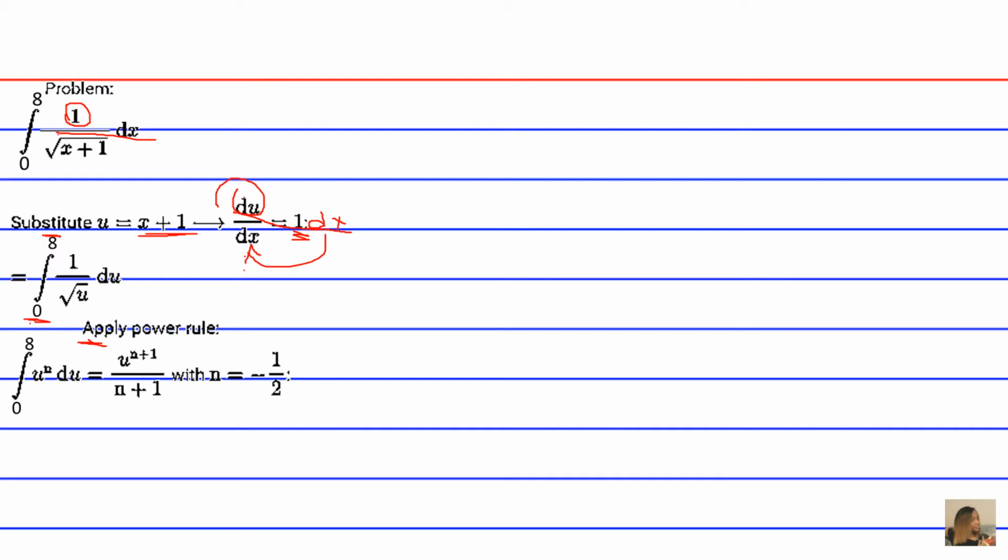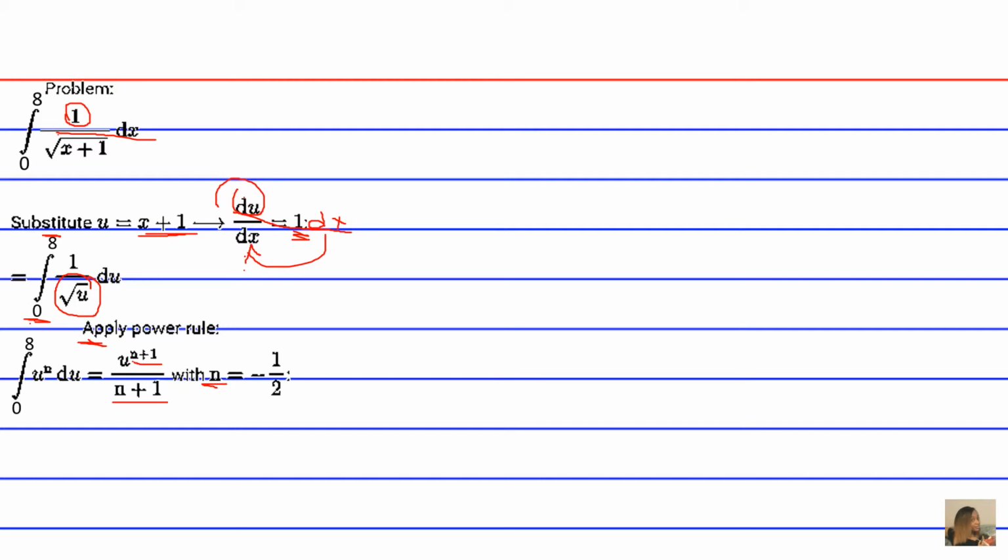All right, now you're going to do just what you would normally do, and that is apply the power rule. So if you have u to the n du, the power rule says that you're going to raise u to the n plus 1, and then divide u by n plus 1 as well, okay?